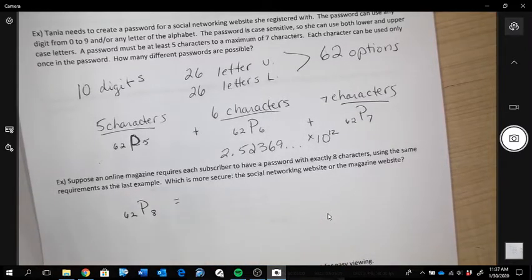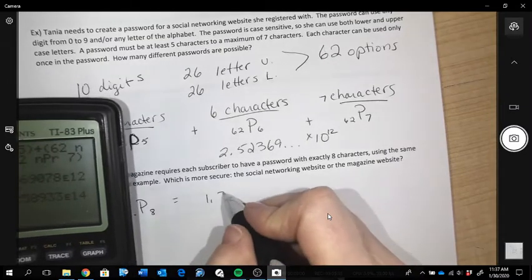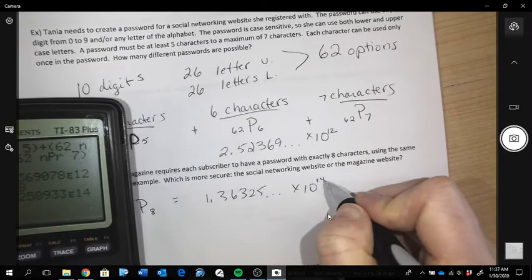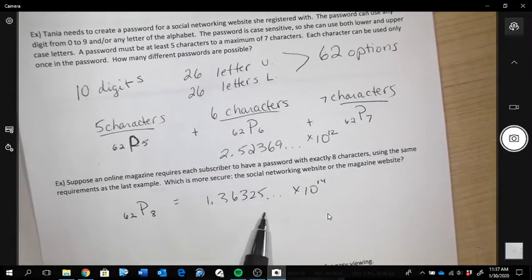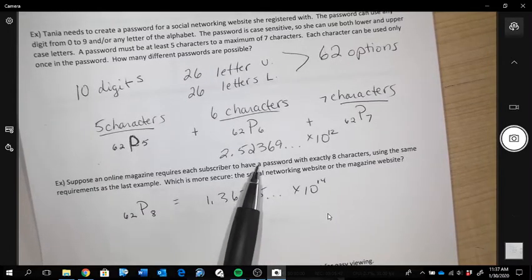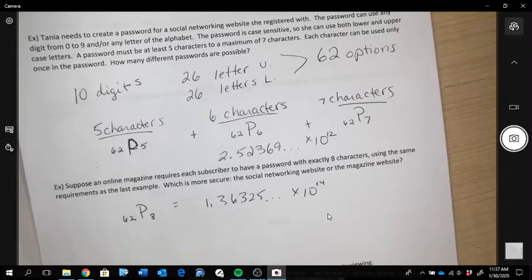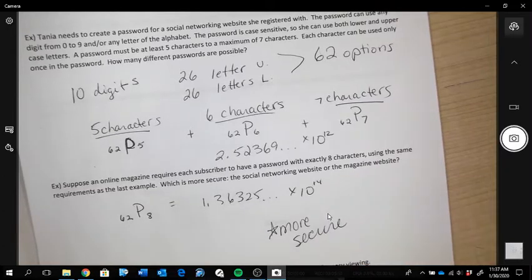So 62 P8 is 1.36325 times 10 to the 14th. So you can see this has a lot more possible arrangements than this. So which one is more secure? So this one would be more secure because there's a less likelihood of getting somebody's right.